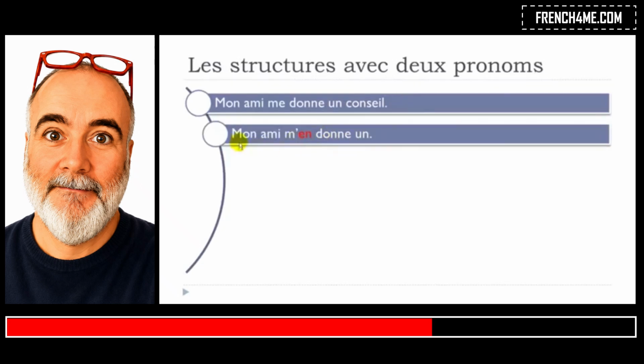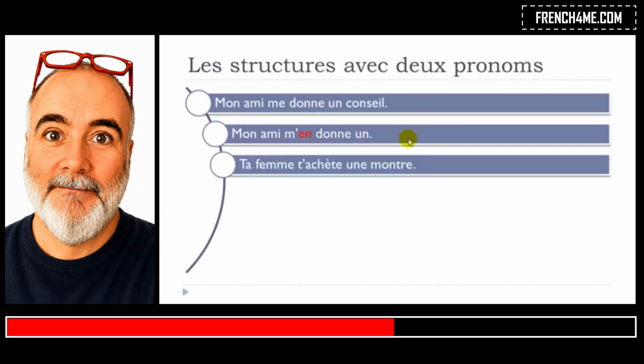So, mon ami, me should be in the first position, and then en should come right after, and then the verb. But en is starting with a vowel as well, so the e of me should go away. That's the reason why you will have this m', so m'en donne un.